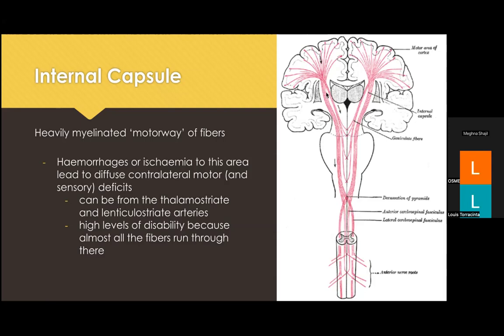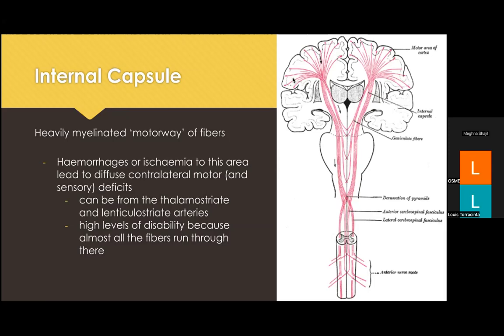And because all of the tracts are very closely situated next to each other, if you have pathology in this area of the internal capsule of the brain, you're likely to have very, very diffuse motor pathology across many different modalities. So you might have your leg and arm and face, for instance, or a whole side of your body affected.